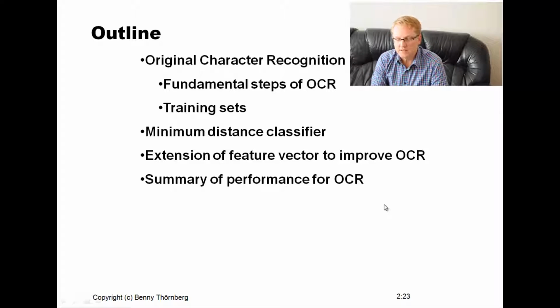I will discuss the use of the classifier, a very simple one called a minimum distance classifier, and I will explain how this simple classifier works.